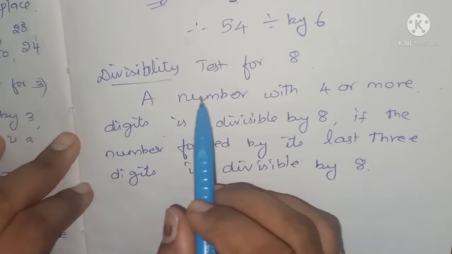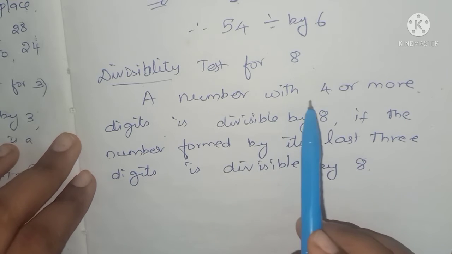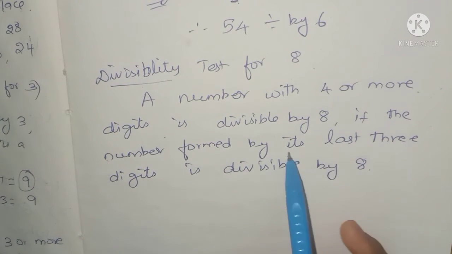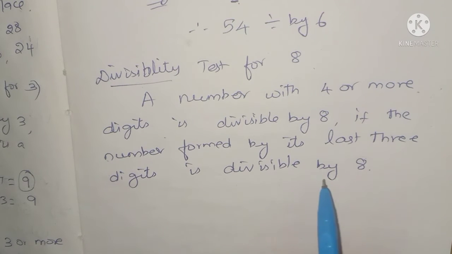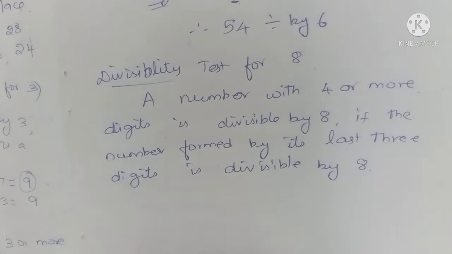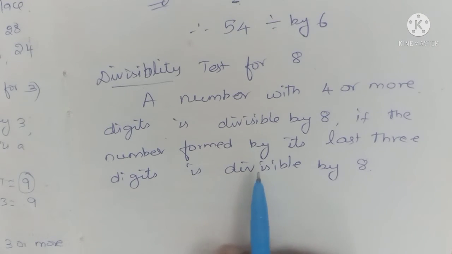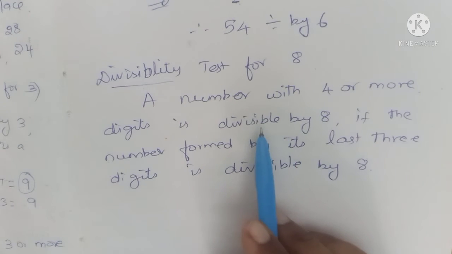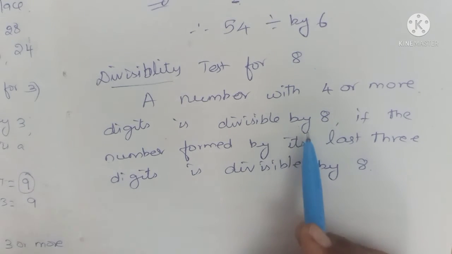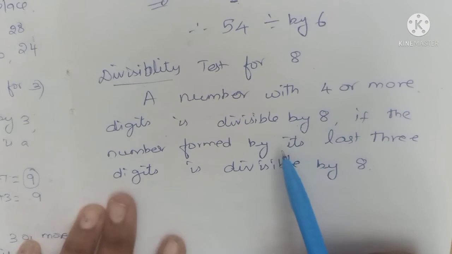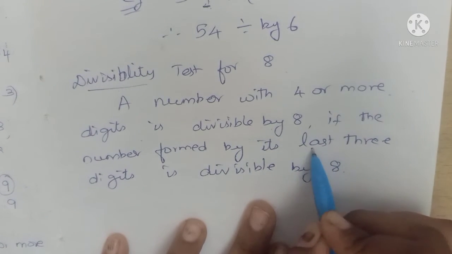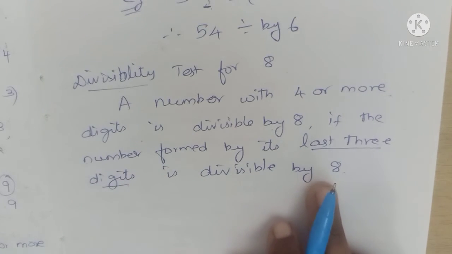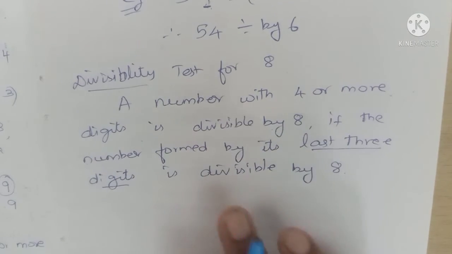The next divisibility test is for 8. A number with 4 or more digits is divisible by 8 if the number formed by its last 3 digits is divisible by 8. So if we have a 4 digit or more than 4 digit number, how will we check whether the given number is divisible by 8 or not? It is very simple: you have to see the last 3 digits. If this last 3 digit number is divisible by 8, we say that the entire number is divisible by 8.